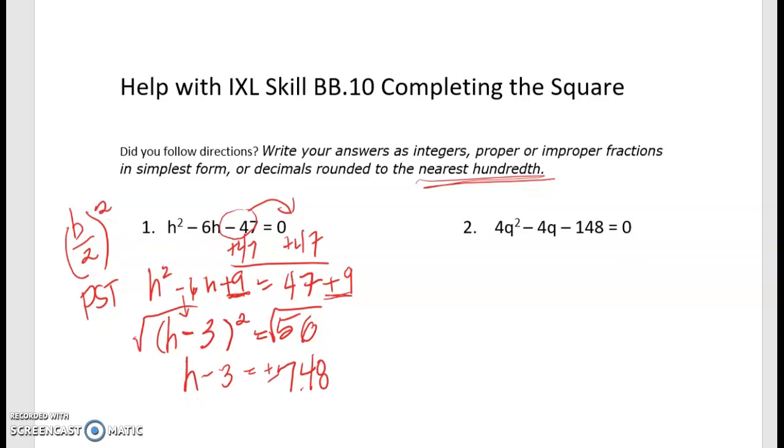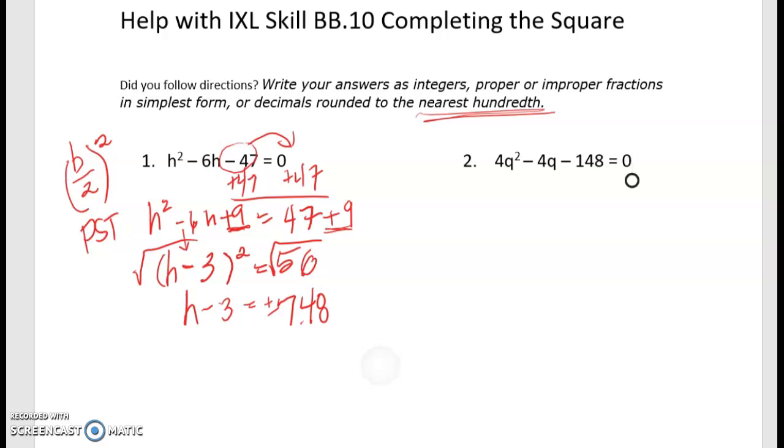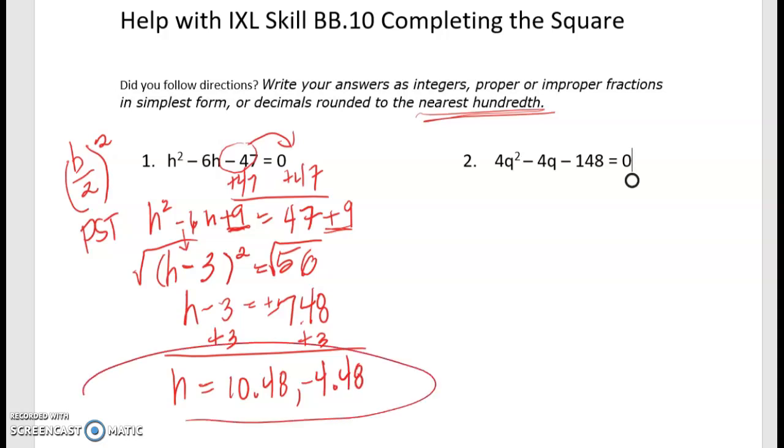My final step is to add 3 to both sides, so I'm going to get two solutions. Positive 7.48 plus 3 is 10.48. And negative 7.48 plus 3 is negative 4.48. Those are my two final answers.